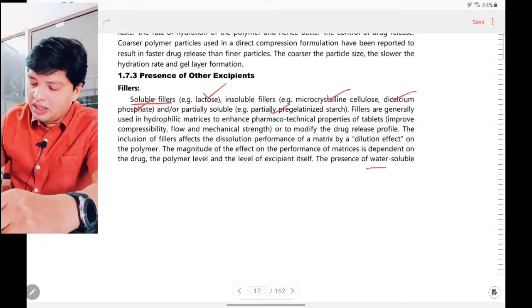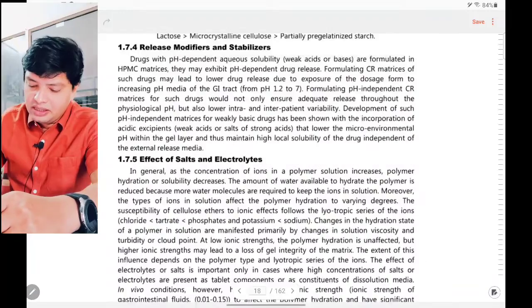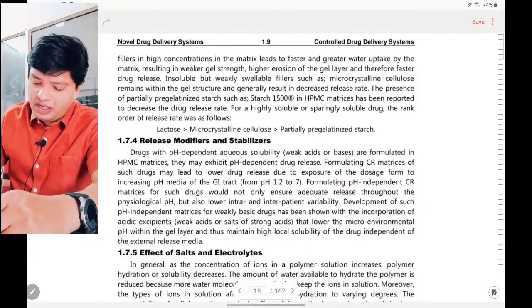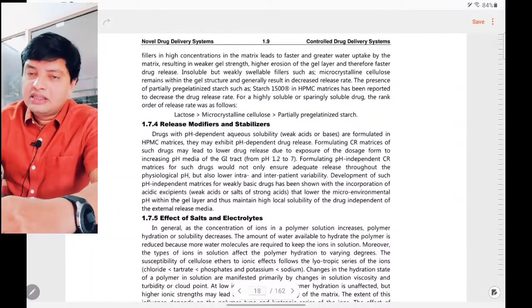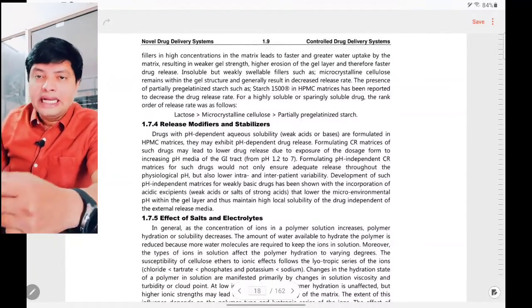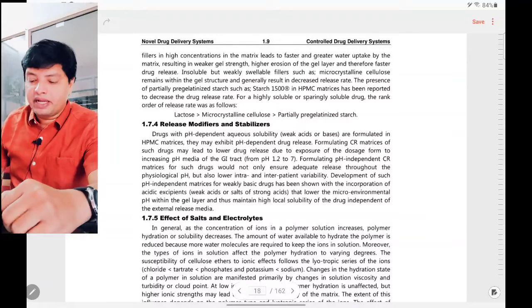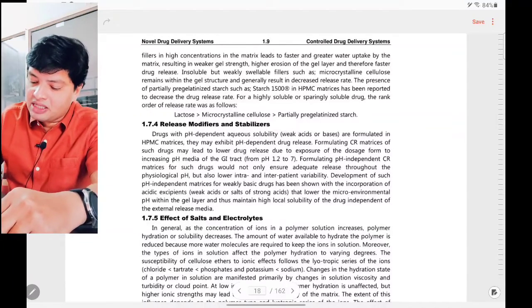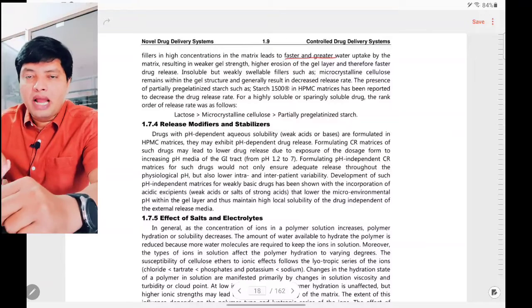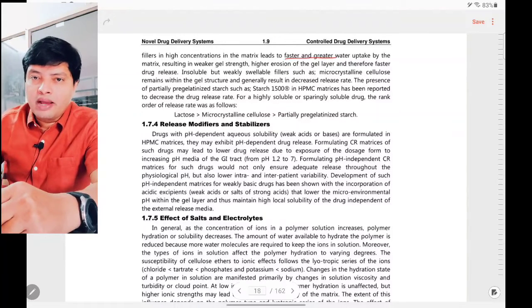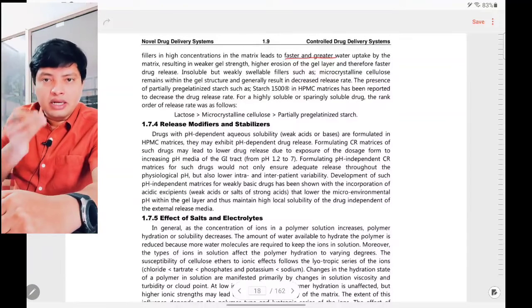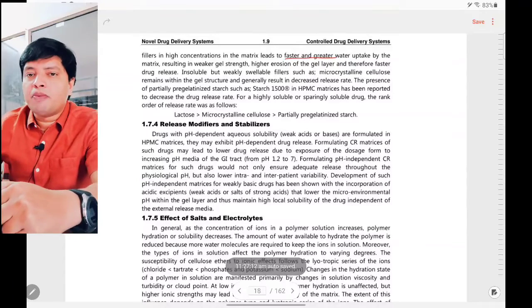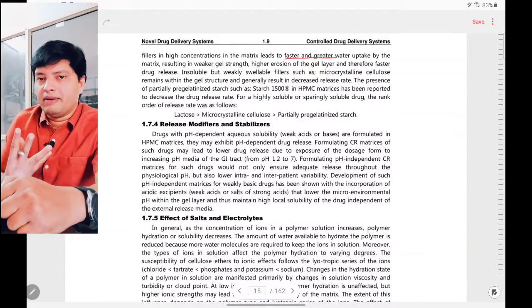If we use soluble filler, because the filler is soluble, it will increase the water uptake capacity; faster and greater water uptake will happen. Due to this, there will be no time for the polymer used to retard the release to get swollen.